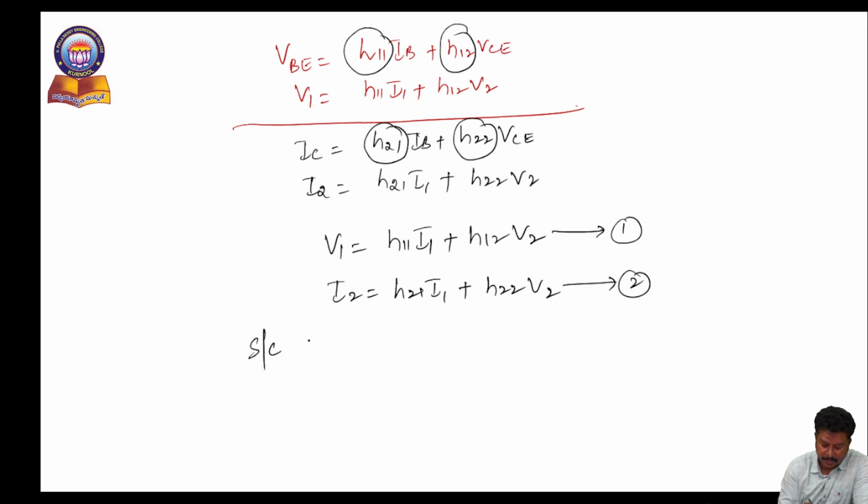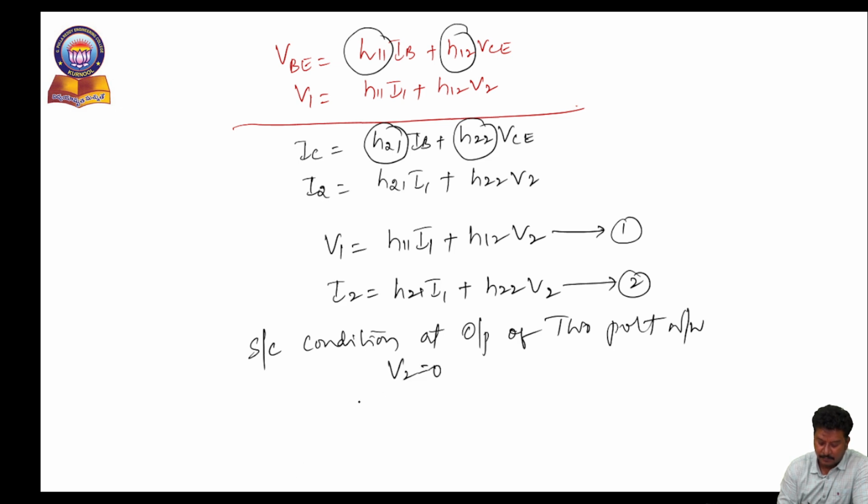Short circuited condition at the output of the two-port network. So at the output side, I am applying the short circuited condition. As the output is short circuited, V2 is equal to 0. Substitute V2 is equal to 0 in equation 1 and equation 2.